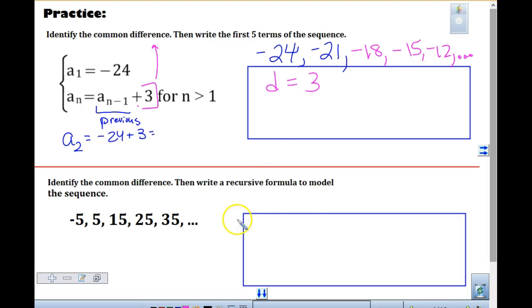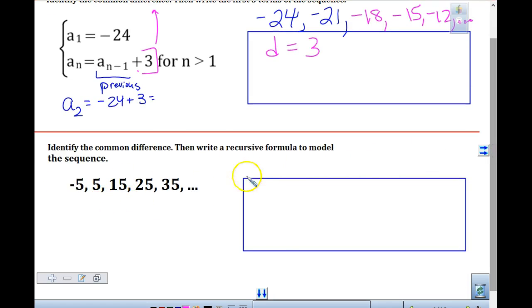Okay? So, what I want you to do on this next one, it says identify the common difference, so we want to think of what is our D, and then we are going to write a recursive formula. Do we already know our first term, Evan? Yeah. It is negative 5. Now we're going to be writing a rule, so I want you to write your common difference down right now on your paper.